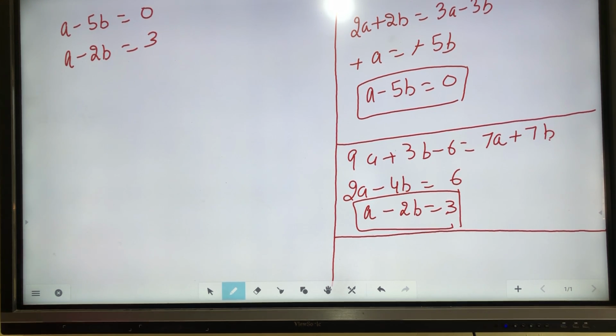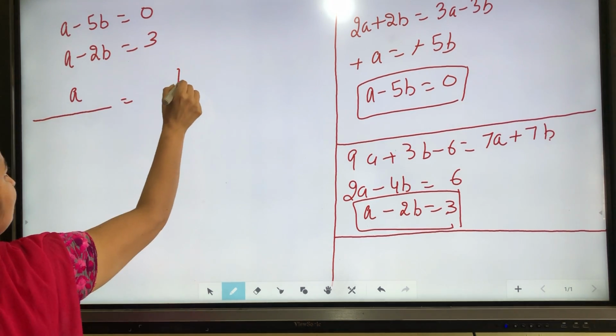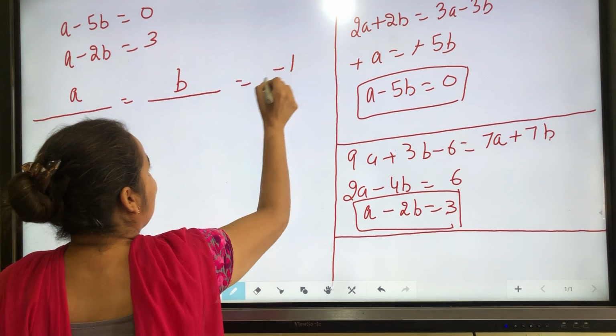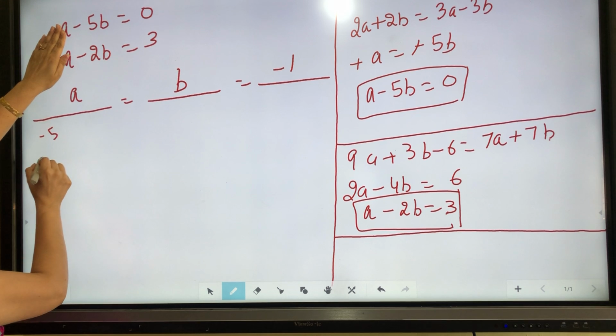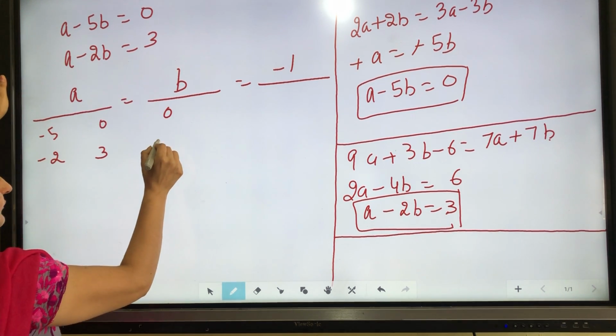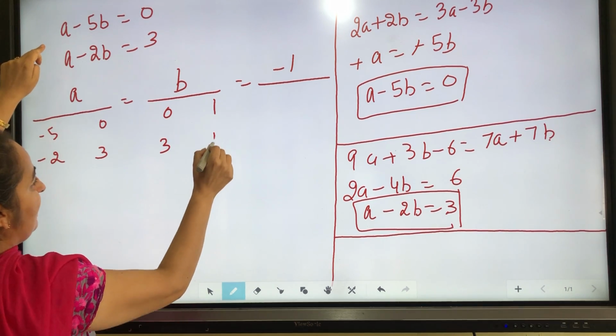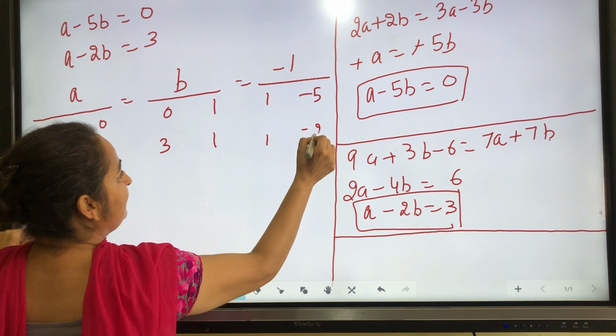There are two variables, both on the same side, and the constants are on the other side. What is the method? In the numerator: a, b and minus 1. Then the denominator of a is minus 5 minus 2, 0 3, and next start from 0 3 1, 1, and next is 1 1 minus 5 and minus 2.